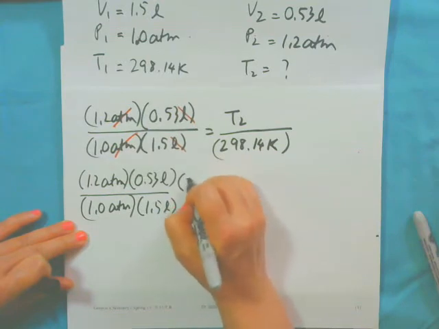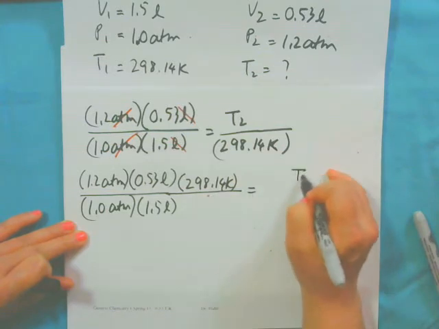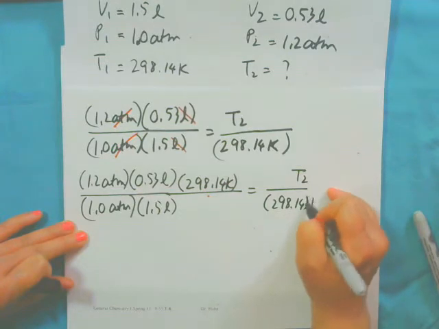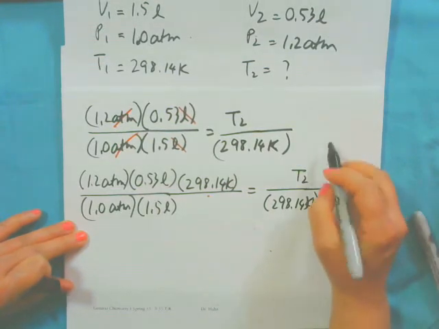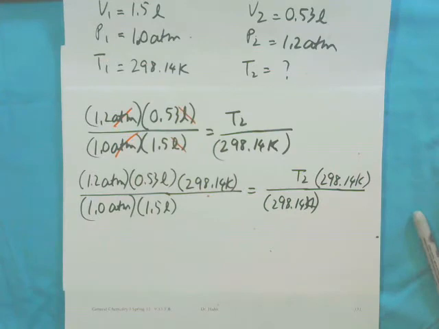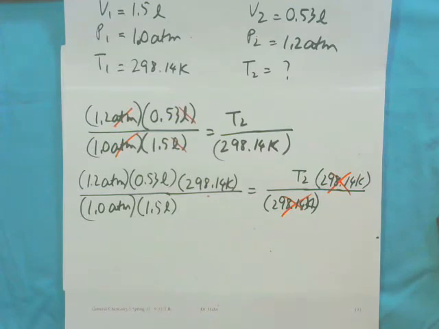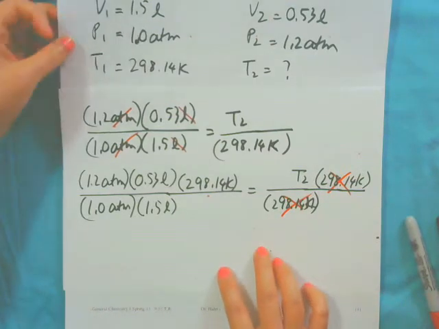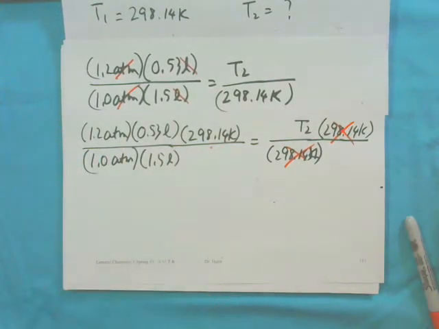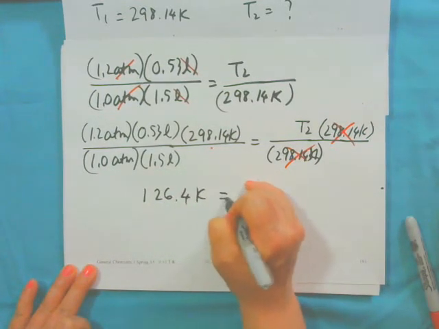And then we're going to say times 298.14 Kelvin is equal to T2 divided by 298.14 Kelvin, and then we're going to multiply 298.14 Kelvin over here too. And of course you realize that my 298 Kelvin will cancel my 298 Kelvin. So then I end up with T2 by itself on this side of the equation. And then all I have to do is plug in those numbers, crunch the numbers through, and I get 126.4 Kelvin is equal to T2.